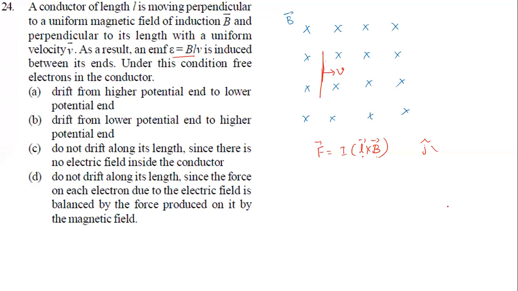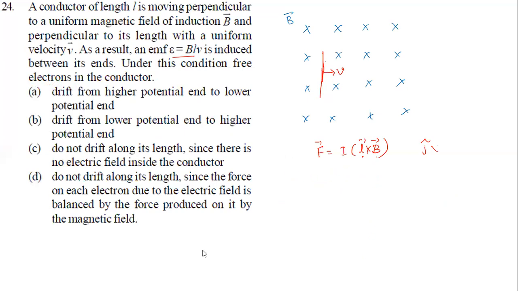So that's not possible, so now I'll take one more equation. Since they're asking about electrons, I need to go for F equal to Q times V cross B. Let us do it for this portion.